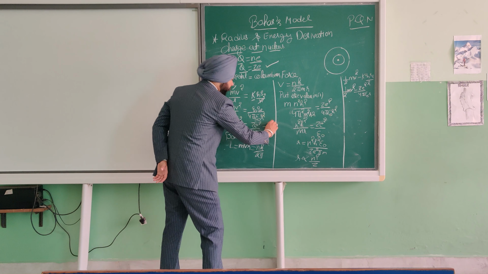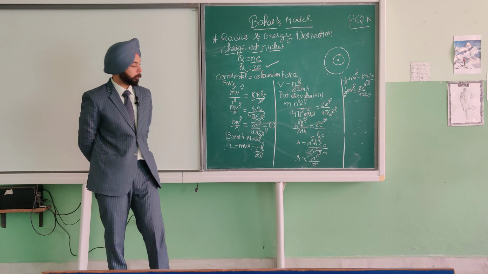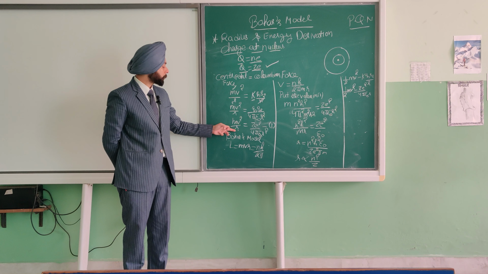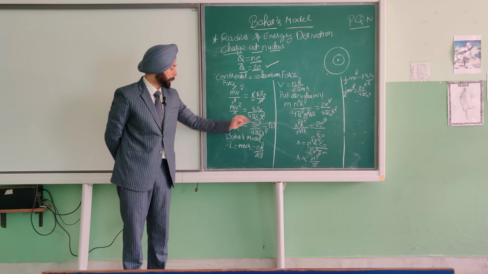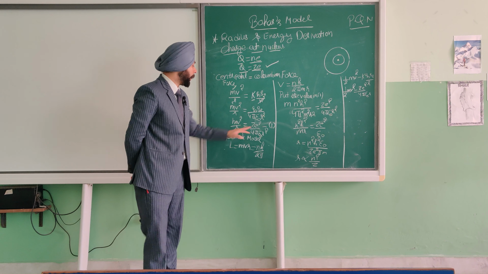We take this as the first equation: mv square upon r is equal to Ze square upon 4 pi epsilon naught into r square.